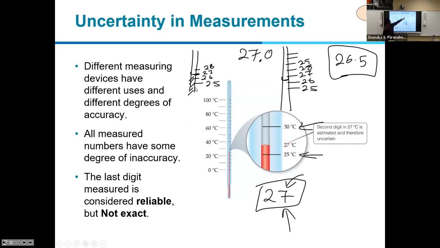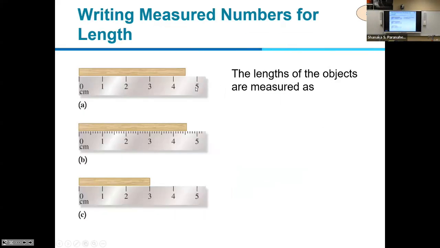This number is more accurate than this. That 0 is for the accuracy. That's something you can estimate, so it's a reliable number. The last digit measured is considered reliable but not exact. All measured numbers have some degree of inaccuracy, so even if it may not be exactly 27.0, we can record it as 27.0. So let's try to practice that.